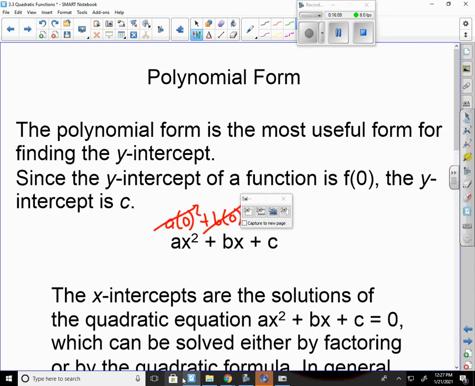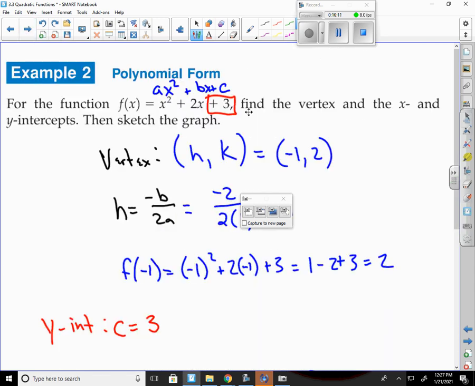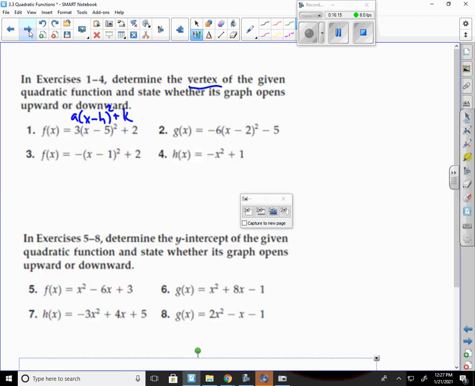So all I need to do is look at my number 1. H is this number here, and k is this number here. So my vertex is 5, 2.